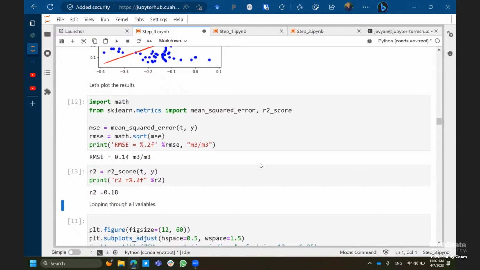It's saying that for any soil moisture value, I have a plus or minus 0.14. This is huge. The value that I'm looking for should be lower, but this is too high. The R square is showing us very poor correlation.